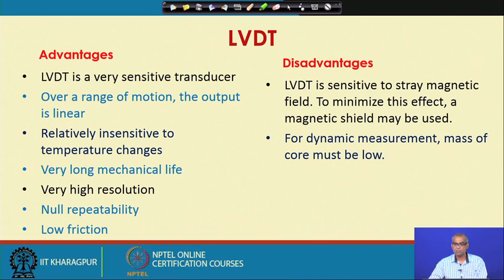So, LVDT may be enclosed by a magnetic shield to protect it from the effect of stray magnetic field or outside magnetic field. We have to keep in mind that for dynamic measurements, mass of LVDT core should be low. Then it will be convenient for dynamic measurements.